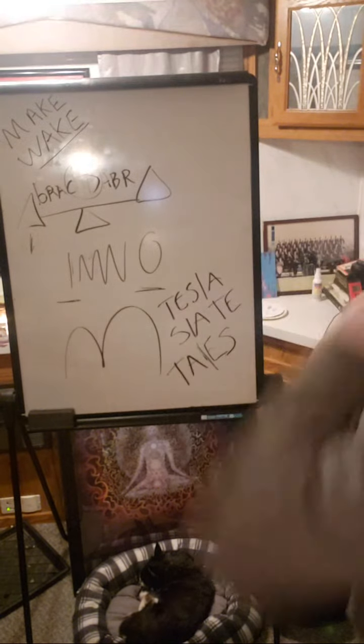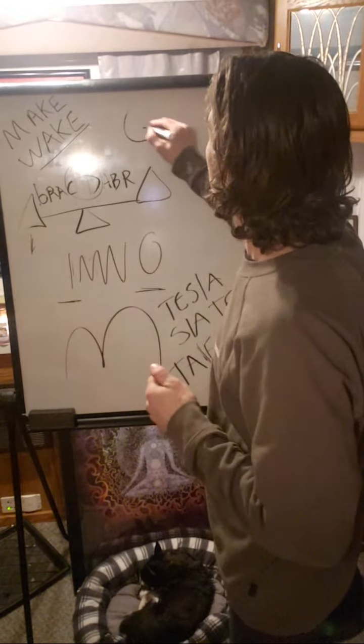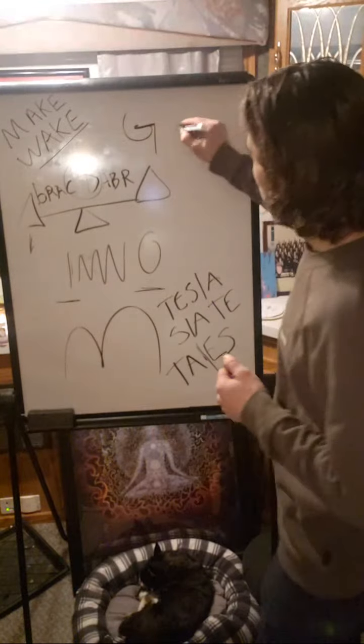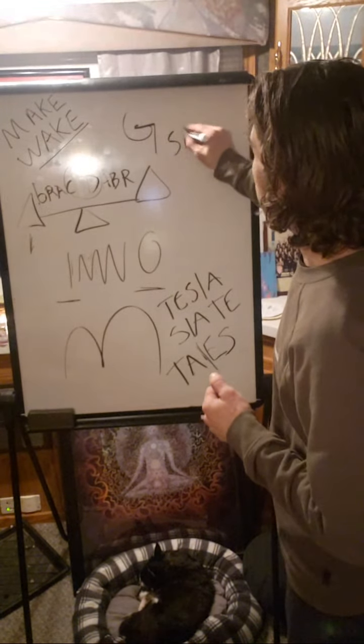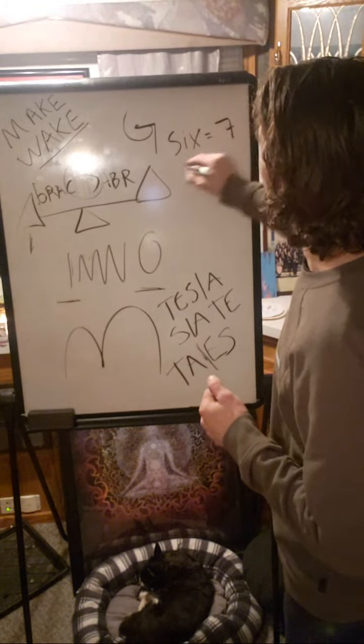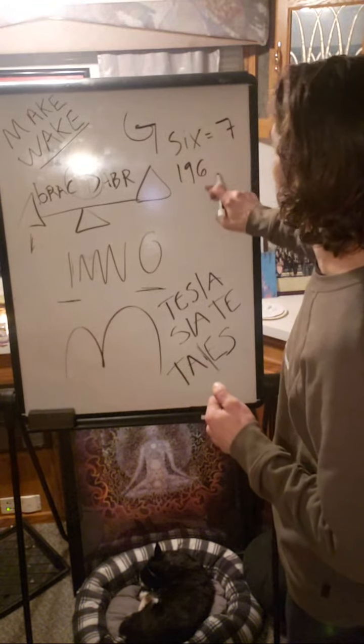And we see it play with the 6 and the 7 too. You know that the G is the symbol, the 6 and the 7. When you look at 6 spelled out, it equals 7. You do 1, 9, 6, 24. It's 1 and 6, 7.